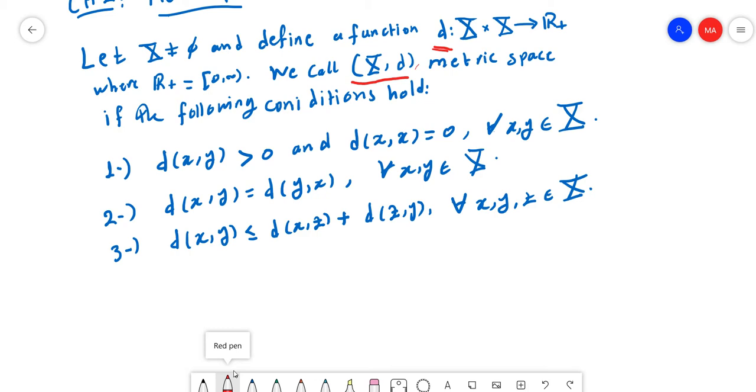Simply or roughly speaking, the metric space gives the geometric properties of the elements of the space.